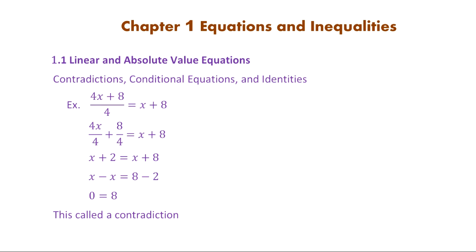So you see this is always false, and that's called a contradiction because this can never be true, and this equation does not have a solution because it results in 0 equal to 8. So that's a contradiction. It can never be true. So that's what is called a contradiction.